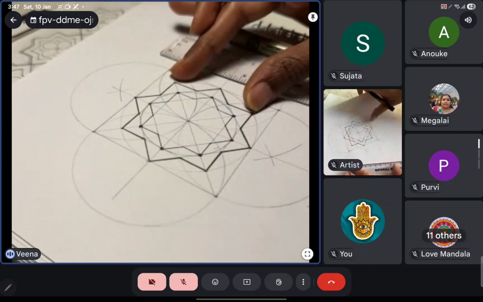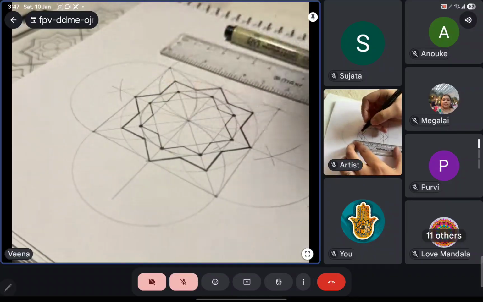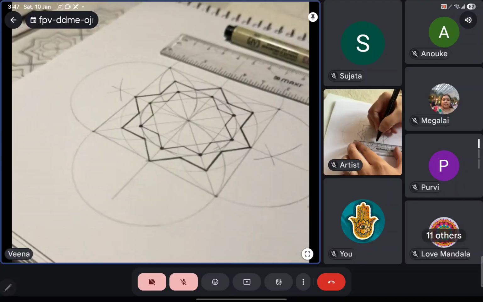So the same one that we did, we have just made a miniature version of this inside.